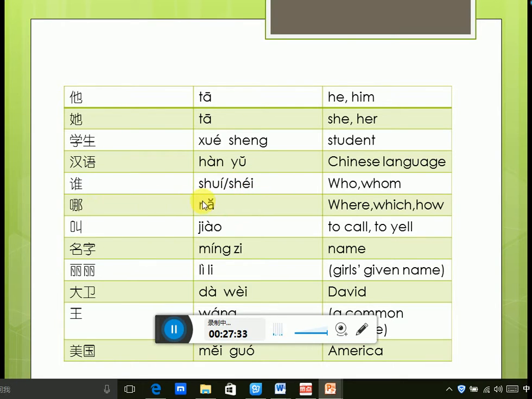Okay, but the meaning is the same. It doesn't matter which pronunciation you choose. The meaning is all the same. It means who or whom.